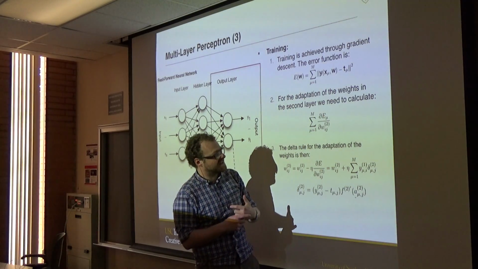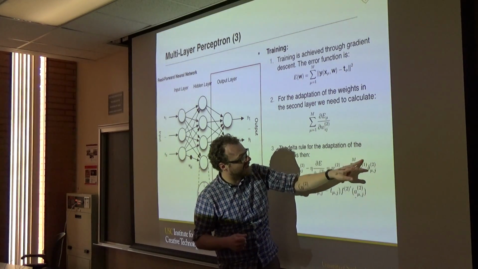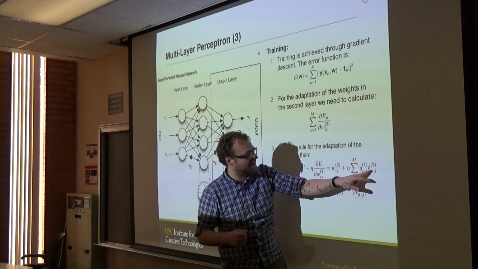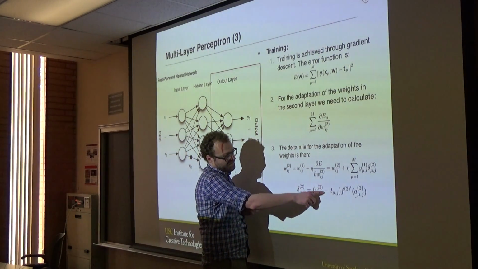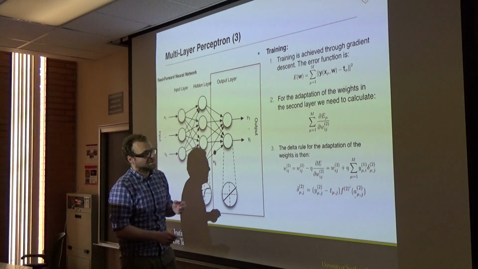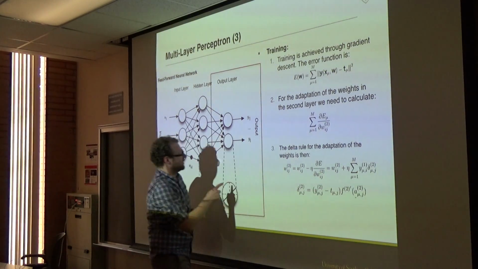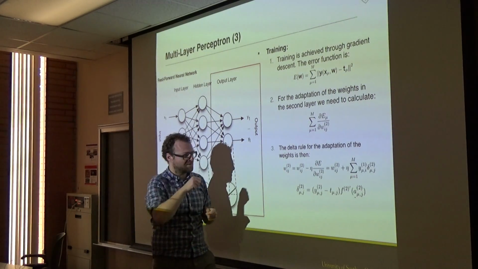The error depends again on the output times this delta, and the delta is nothing but the output of this neuron here, actually, because that's our x that comes into this neuron.